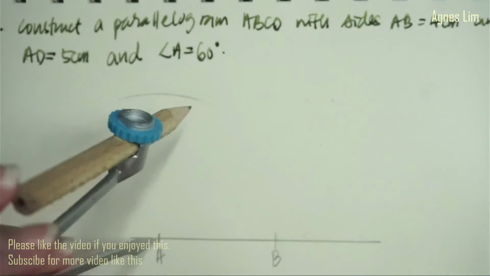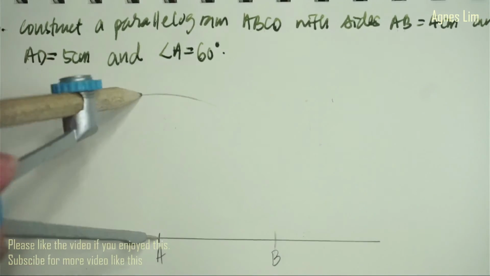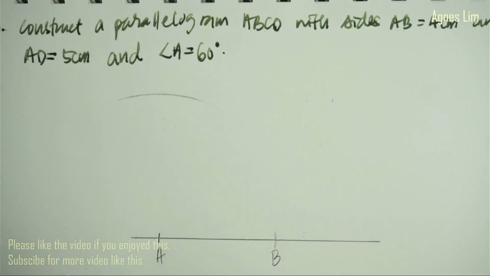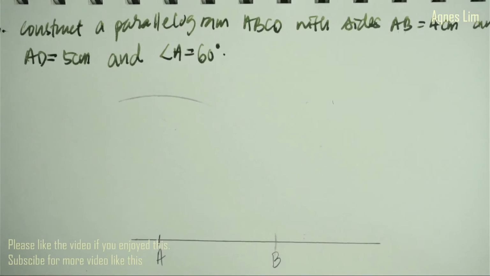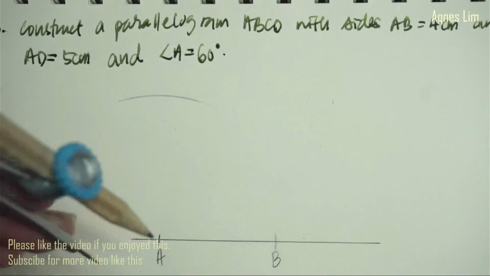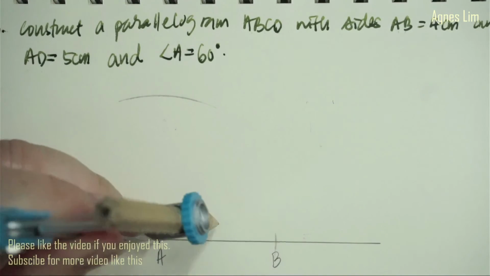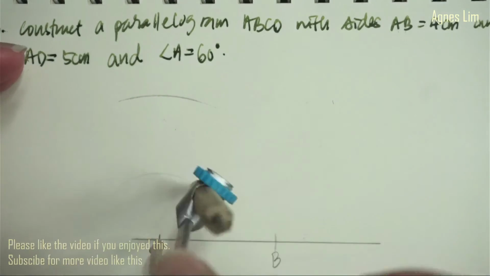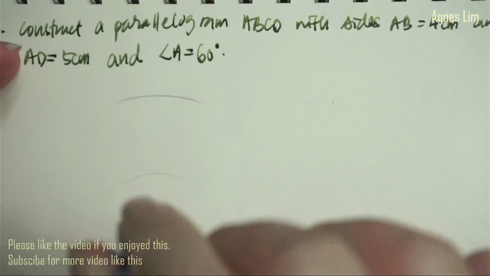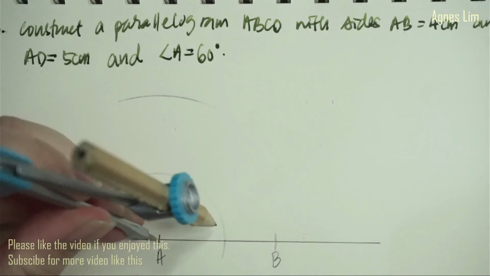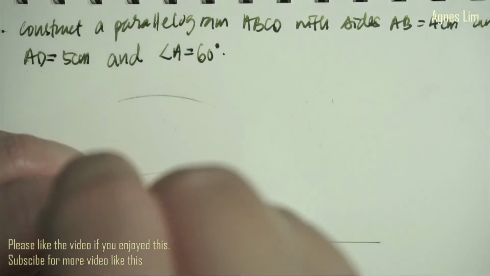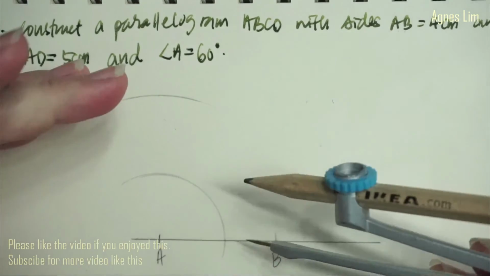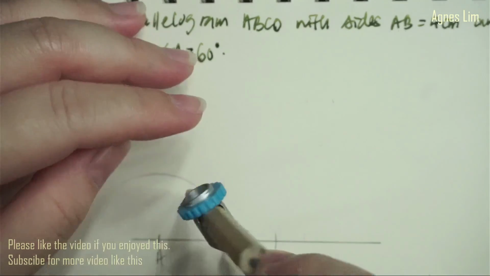Okay, doing my marking. I'm going to mark it here first, leave it there. Now it says here the angle is 60 degrees for A. So I'm going to do the first one, and then one angle.